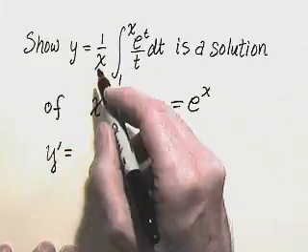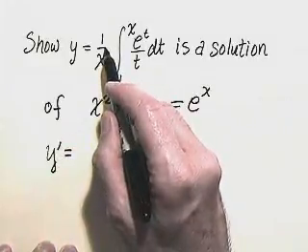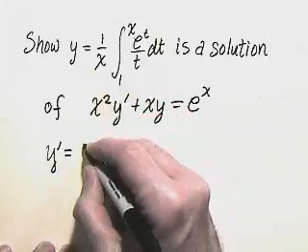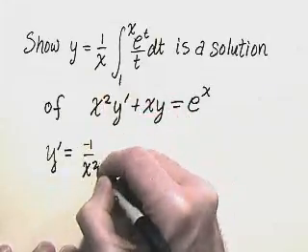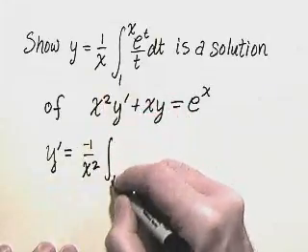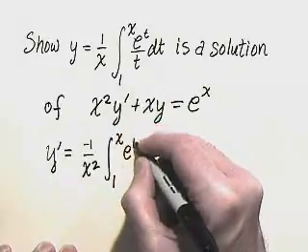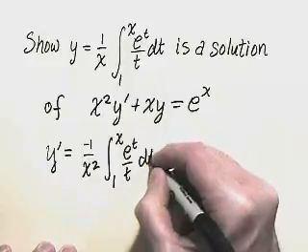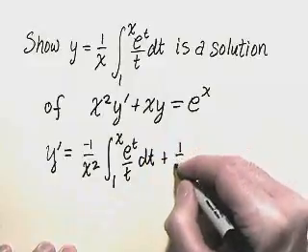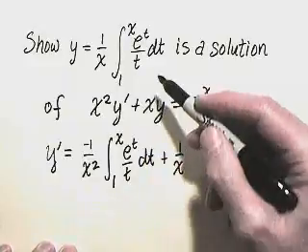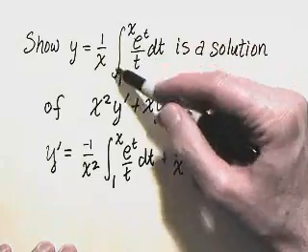So y prime is, well, let's differentiate the first factor, the derivative of 1 over x, that's negative 1 over x squared, multiplied by the second factor, the definite integral from 1 to x of e to the t over t dt, plus the first factor, 1 over x, multiplied by the derivative of the second factor.